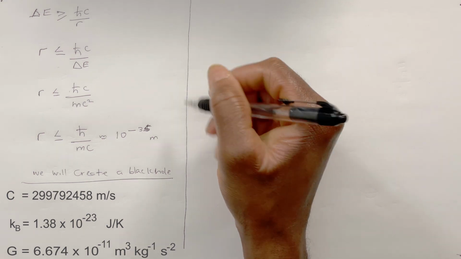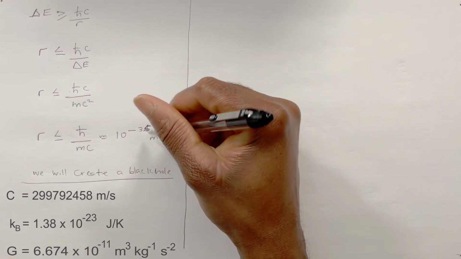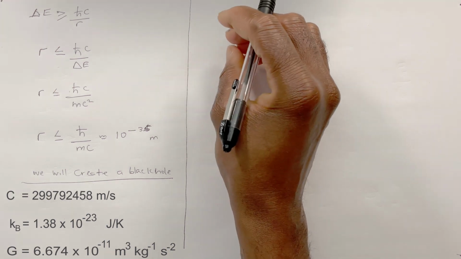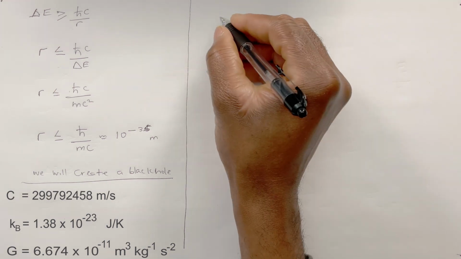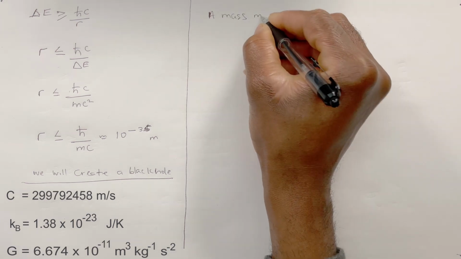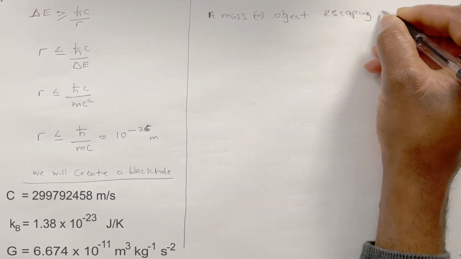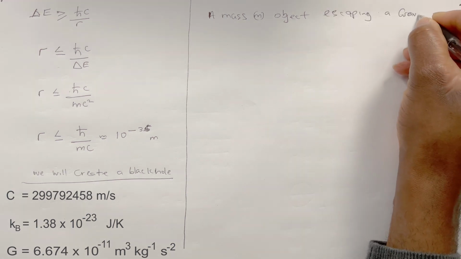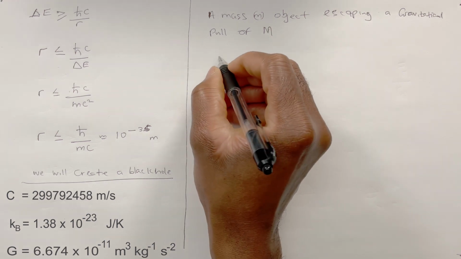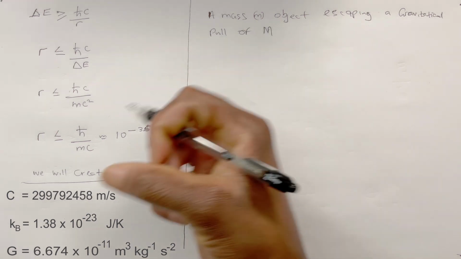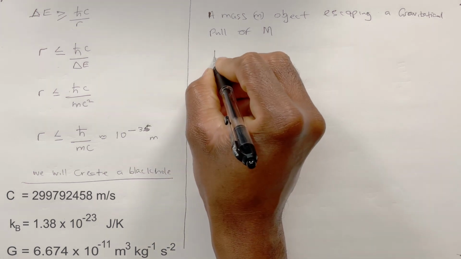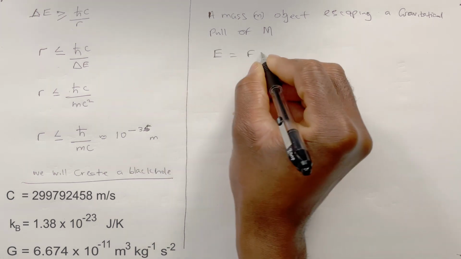But in order to find exactly this mass and distance, what we've done is look at an object escaping a gravitational force. If you have an object of mass m escaping the gravitational pull of a bigger mass, the work needed to pull the object from the mass is the energy, which is force times distance.